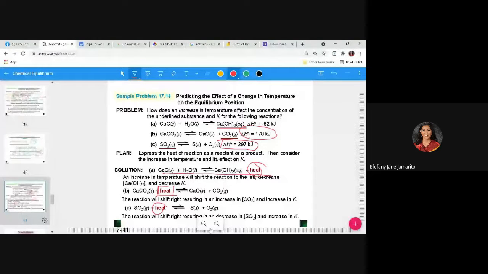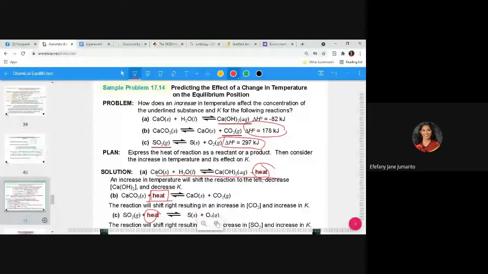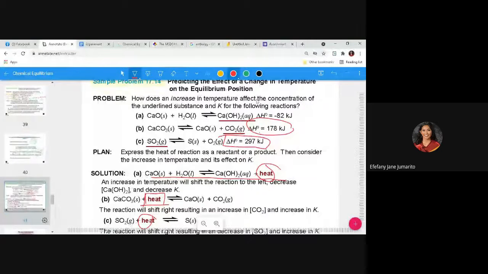Now, an increase in temperature will shift the reaction to the left. How does an increase in temperature affect the concentration of the underlying substance? When we increase the temperature, how will it affect our calcium hydroxide?